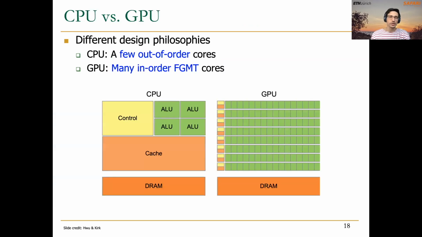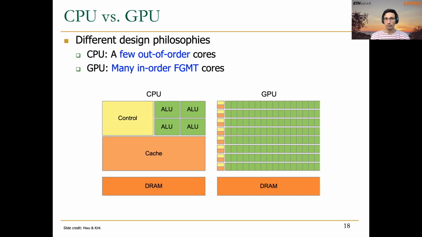And if you go to this programming guide, one of the first figures that you will see is this one, a simplified representation of a CPU and a GPU for us to understand very quickly what the key differences between CPU and GPU are. They have different design philosophies, as you see.